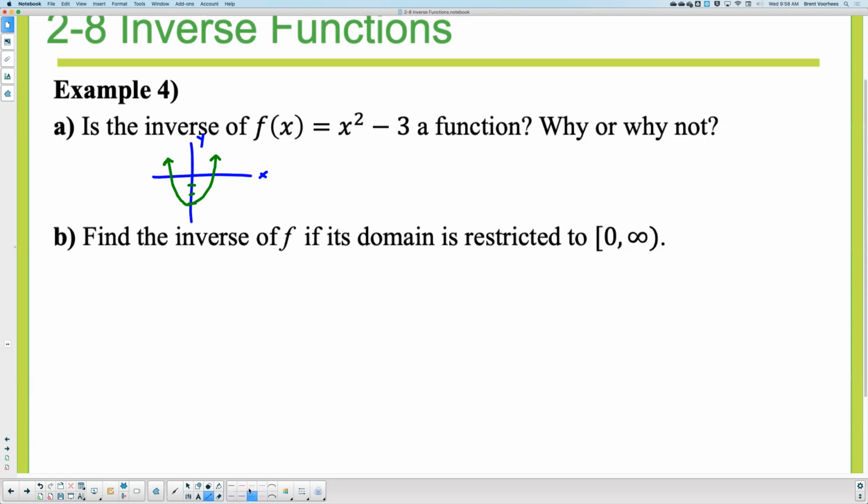Here's the question. Is the inverse a function? Why is the inverse not a function? Because it touches twice on it. Yeah, f negative 1 does not exist.